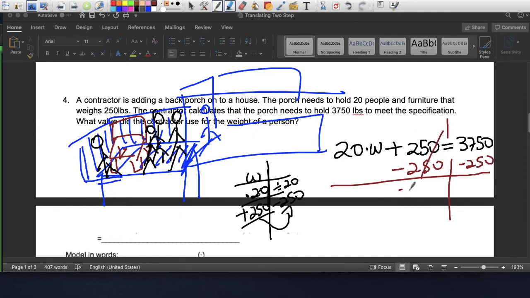These two cancel, 20W comes down, and that equals 3,500. Then we divide both sides by 20, and W is 175. So each of the 20 people on the porch weighs 175 pounds.